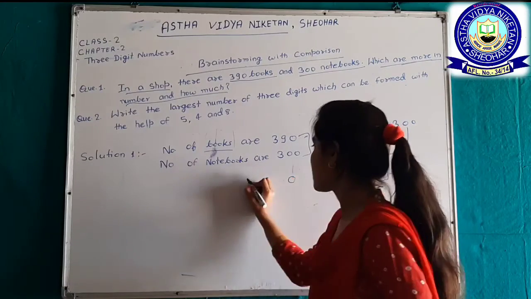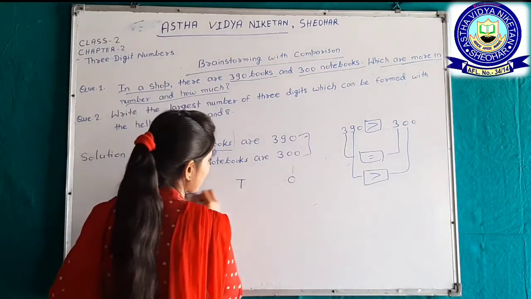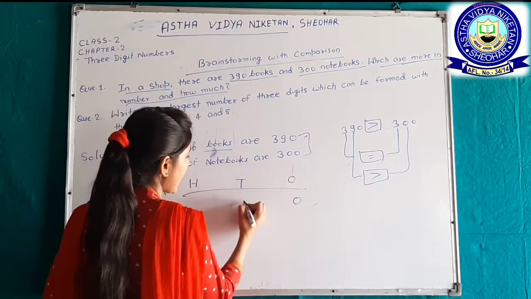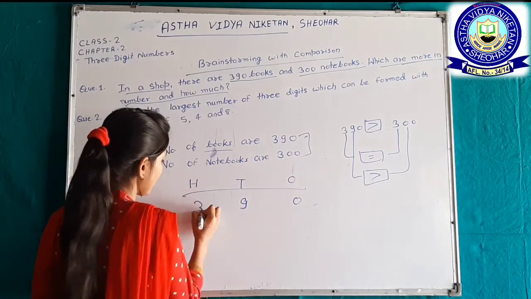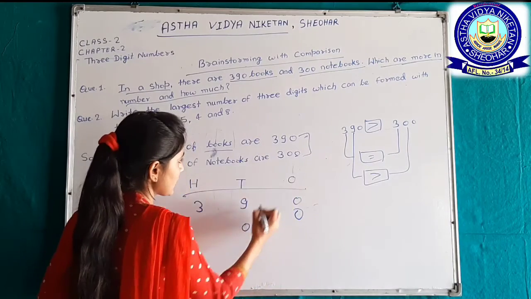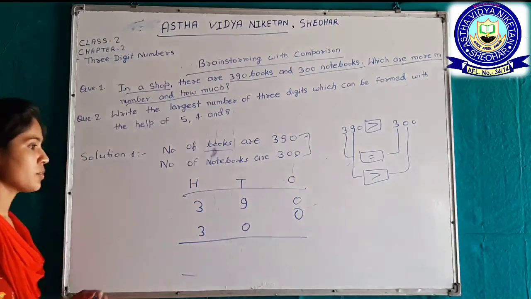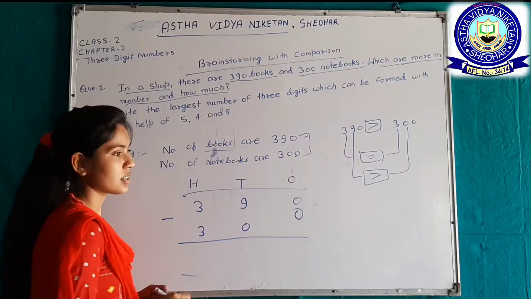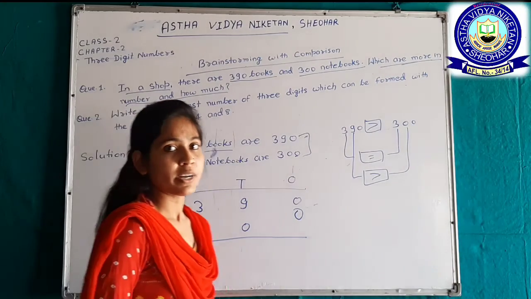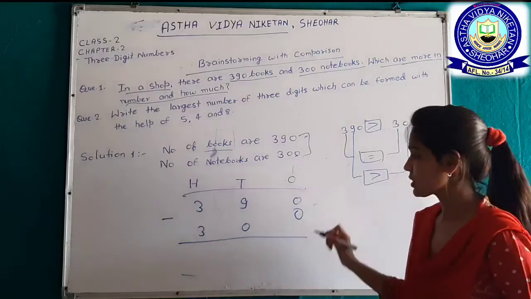There are ones, tens and 100. 0 for ones, 9 for tens and 3 for 100. This 0 for ones, this 0 for tens and this 3 for 100. Now you have to subtract to find out by how much the books are more in numbers.